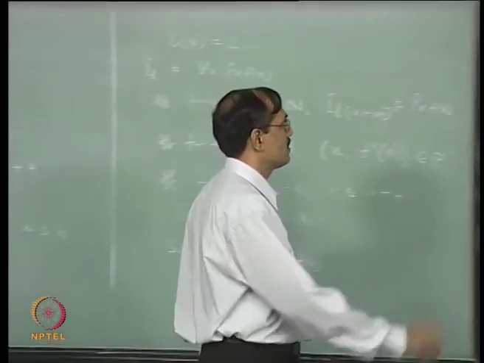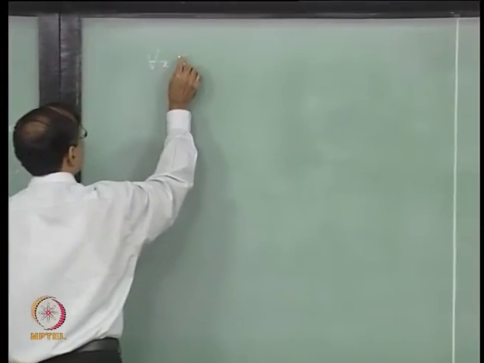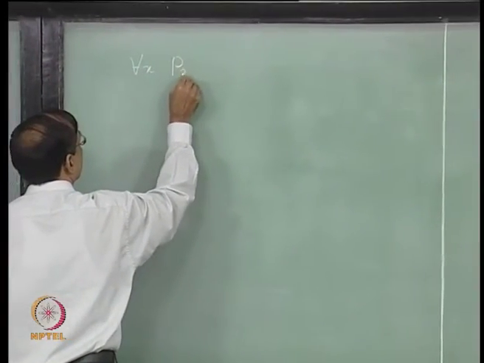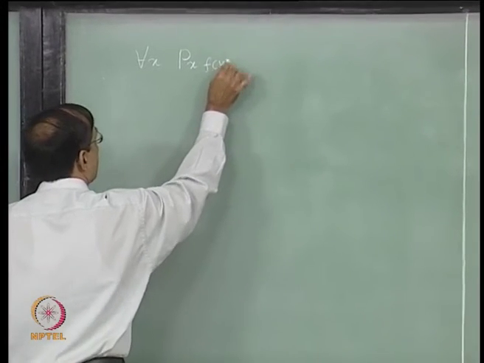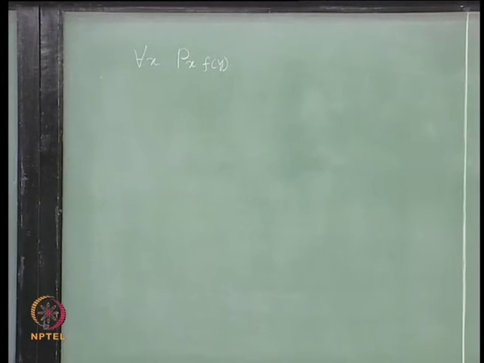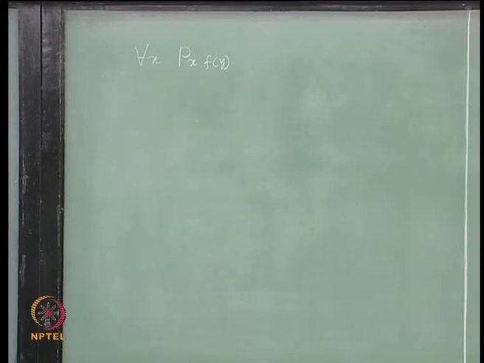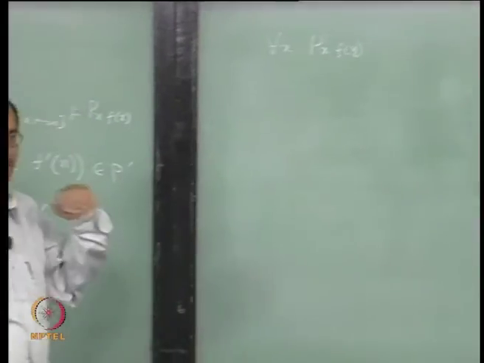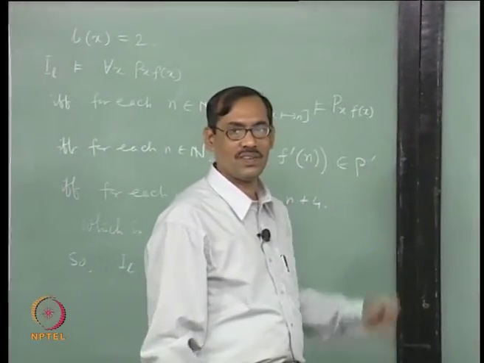See what happens. Suppose I say for each x p x f of y. So, here y is a free variable, it has not been quantified, right. With the same interpretation, let us try and fix L the same way also, fine.